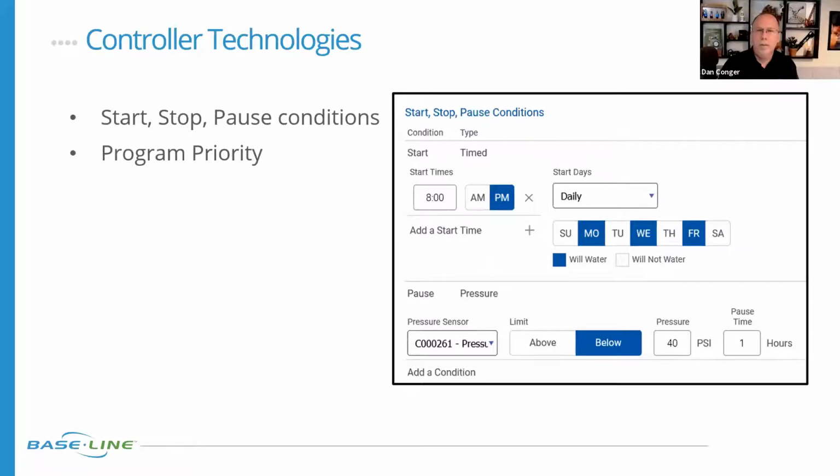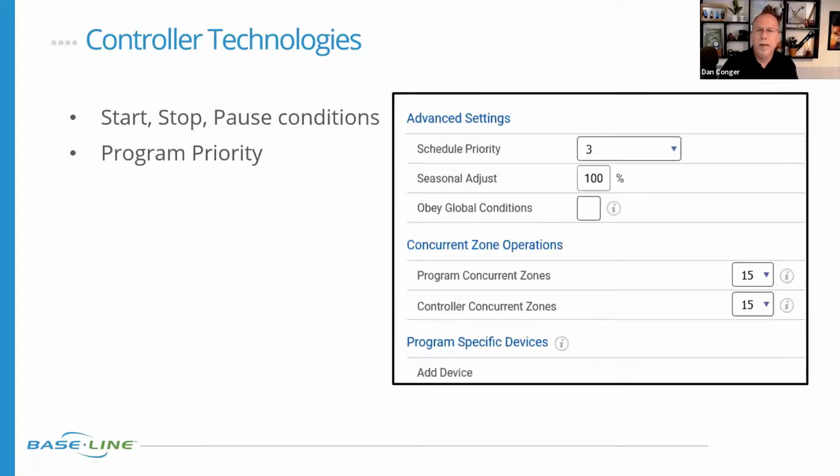Now, the next one, program priority, I think goes back to budgets that you talked about. So if I don't have enough water to water everything on my site in a day, somebody's going to get shortchanged perhaps because we've rolled it back. And a lot of that depends on how a site is hydrozoned as well, right?